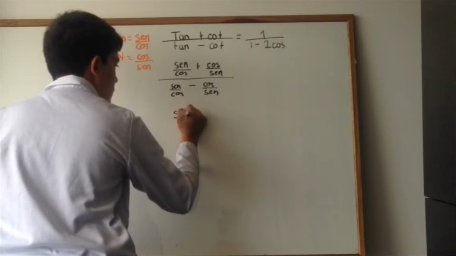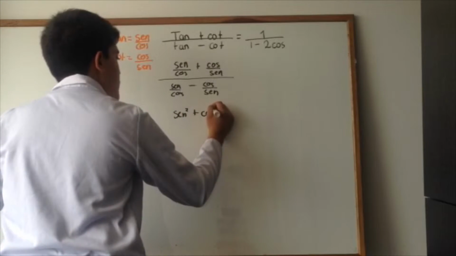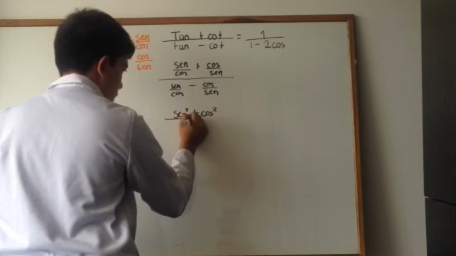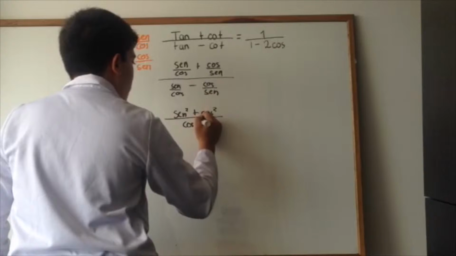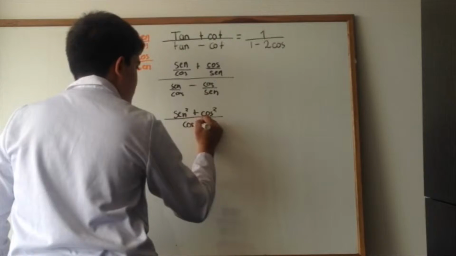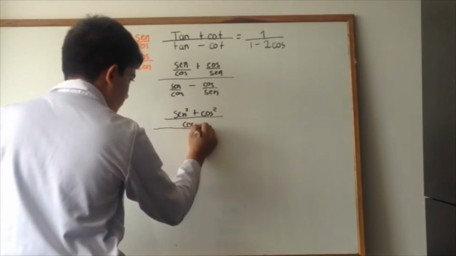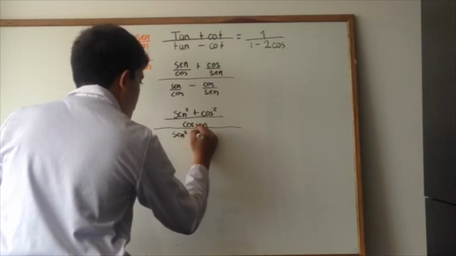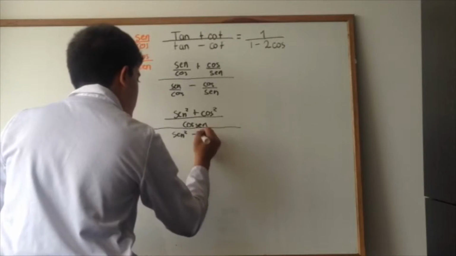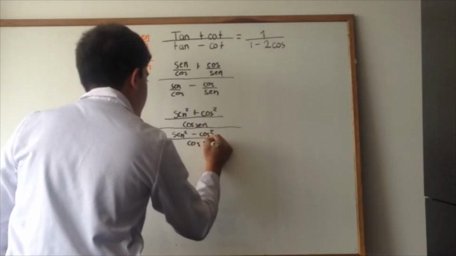Sine square plus cosine square, all of them divided by cosine plus sine. All of these expressions divided by sine square minus cosine square, all over cosine sine.